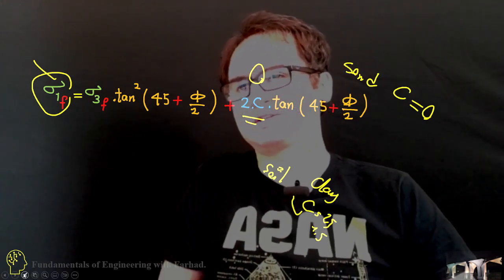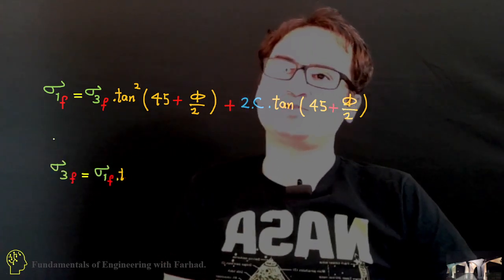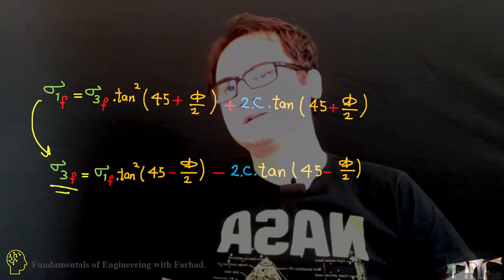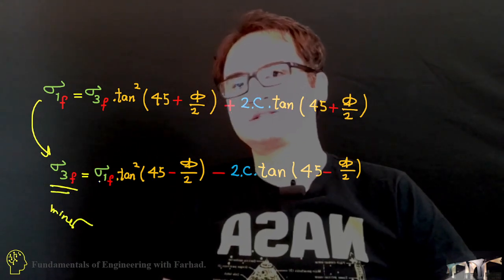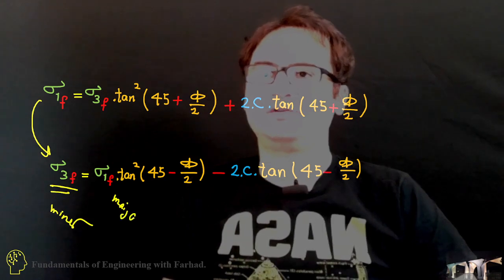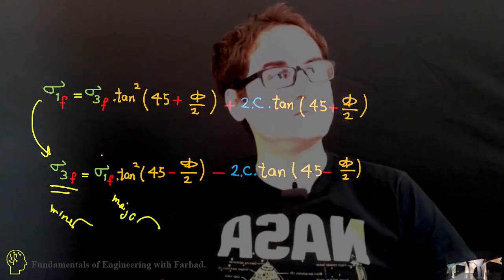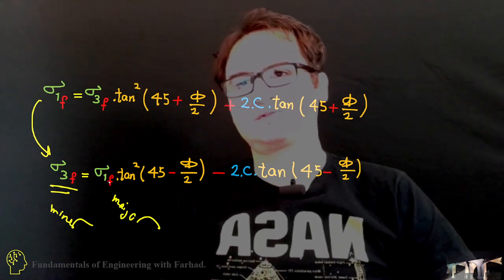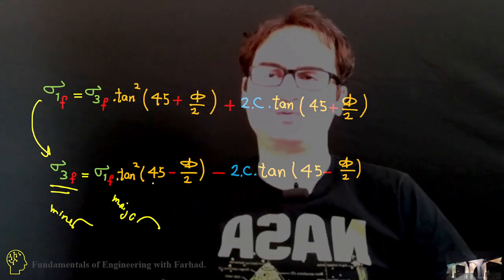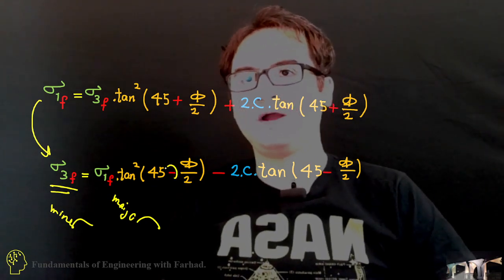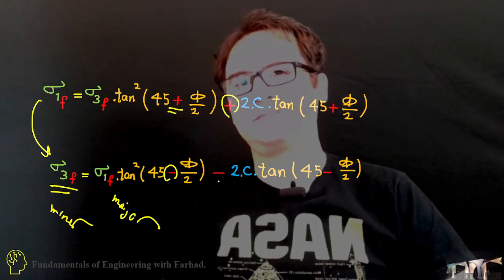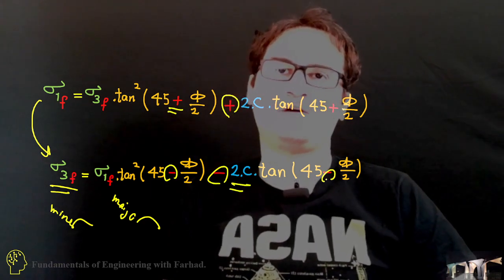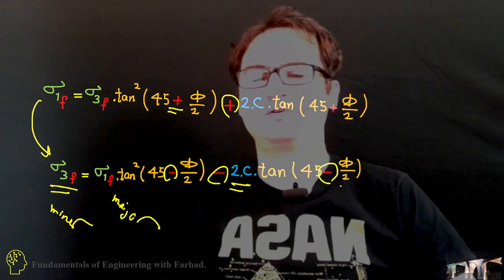Also you can write the equation for sigma minor based on sigma major, a similar formula: sigma minor failure is equal to sigma major failure times tangent squared of 45 minus phi over 2, minus 2 times cohesion of soil times tangent of 45 minus phi over 2.